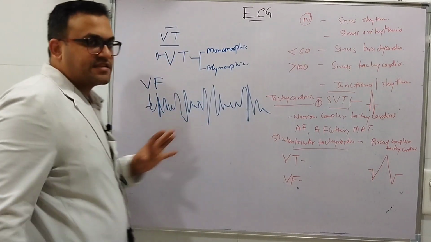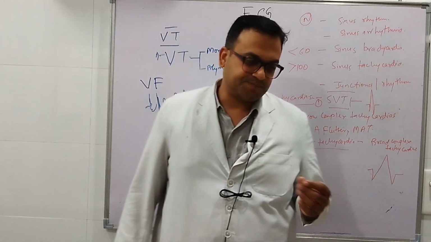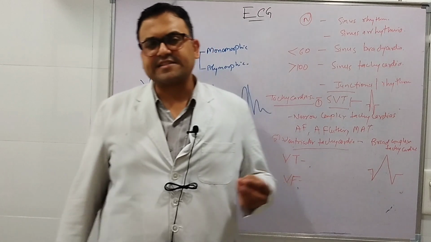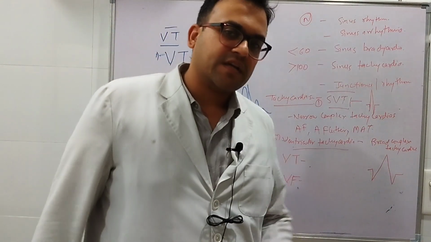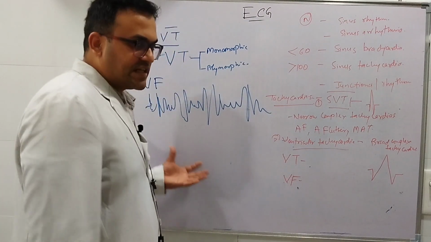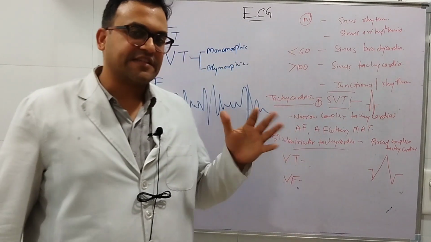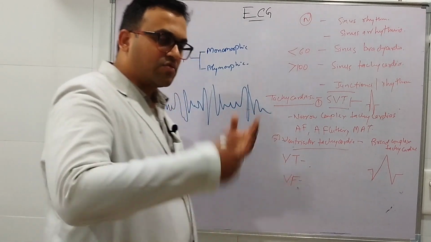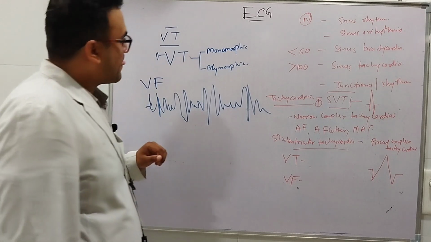The ventricle is fibrillating, and very little or no blood is getting conducted from the aorta to the body, because the ventricle is not contracting properly how it should contract. It is fibrillating and the blood is not going through, and it is a very acute emergency.